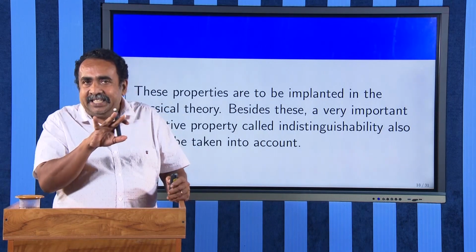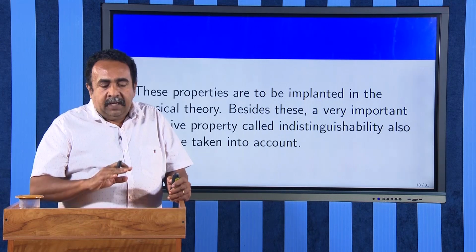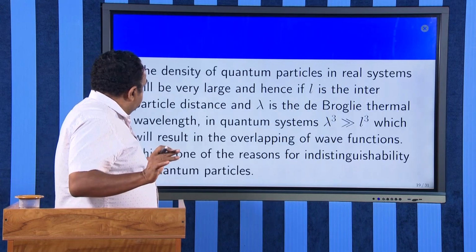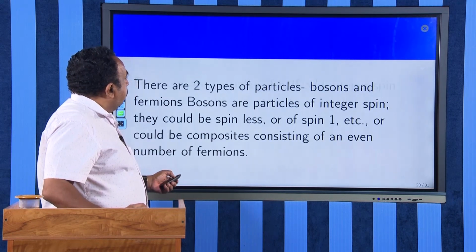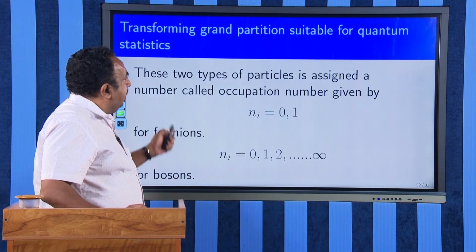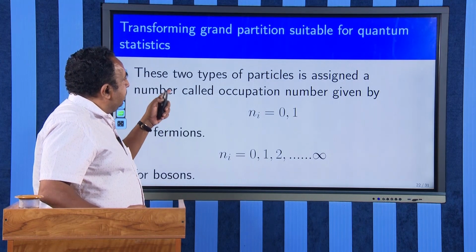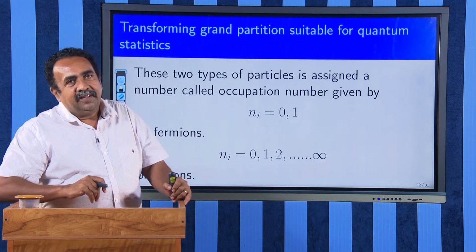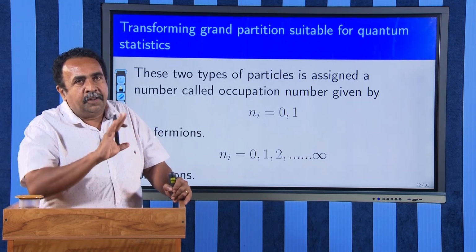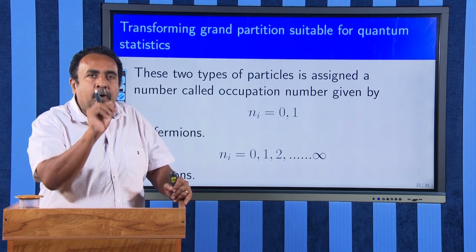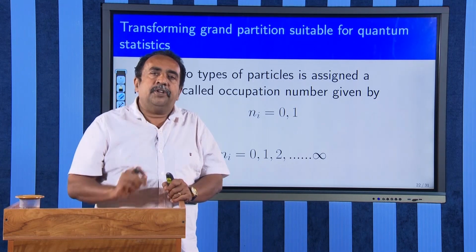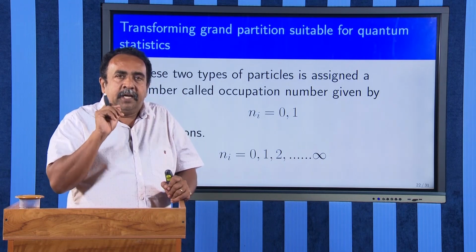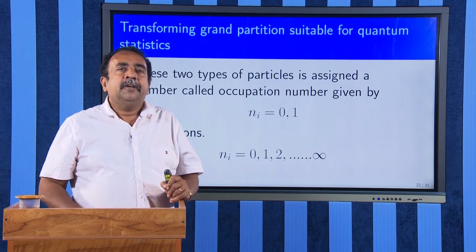Therefore, taking these four ideas into account, we define a new parameter, which is called the occupation number. All these four properties are taken into account. It is represented by the letter Ni, and Ni will be equal to 0 or 1 for a fermion.